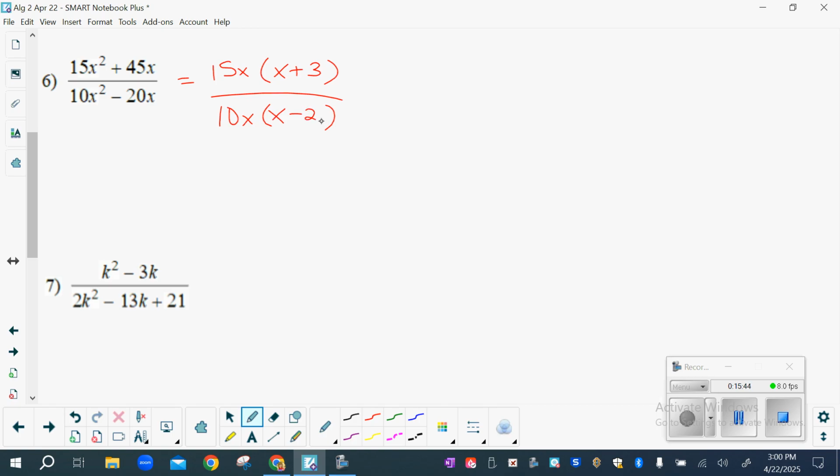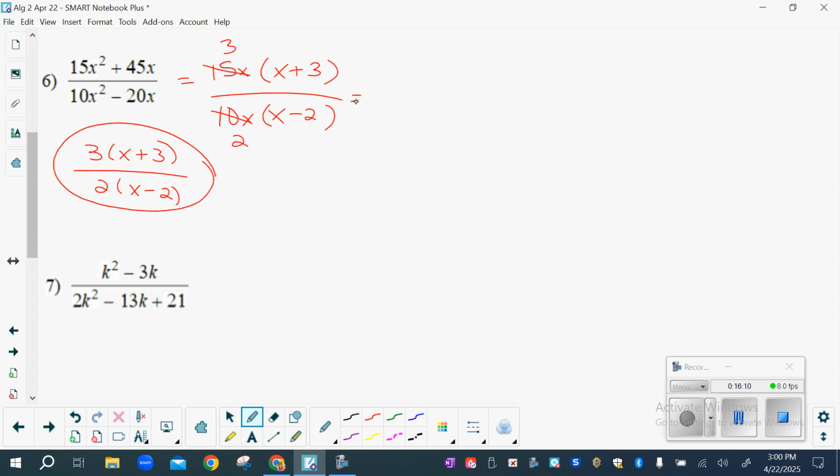So the only thing I can cancel here would be this part over here. What goes into both 15x and 10x? 5x. Good, Cohen. Not just x, but 5x. So this would give me a 3, and this would give me a 2. 3 times x plus 3 over 2 times x minus 2 is my simplified answer.